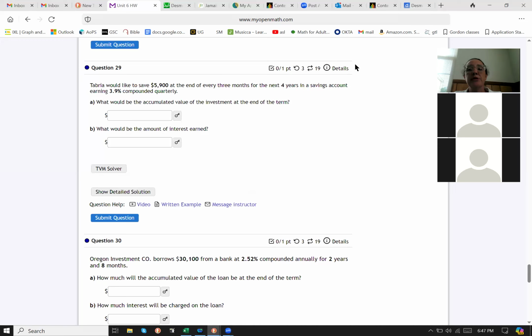So there's some things that we can identify here with this annuity. The $5,900 at the end of the 3 months that they're saving, we call that the payment. So we're gonna identify our payment as 5,900.